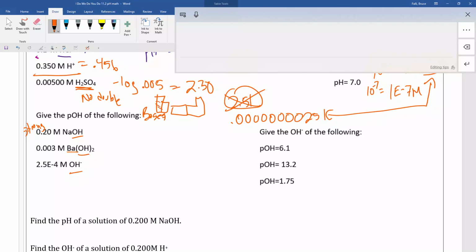Remember, these are the guys that are golden. So, pOH is negative log of OH negative. Negative log of 0.2 is 0.699.